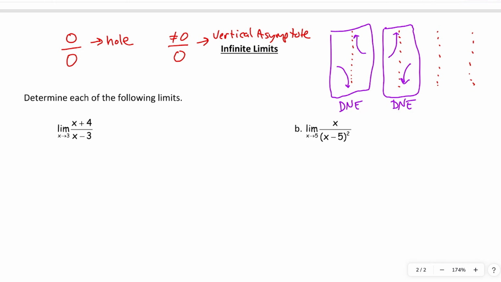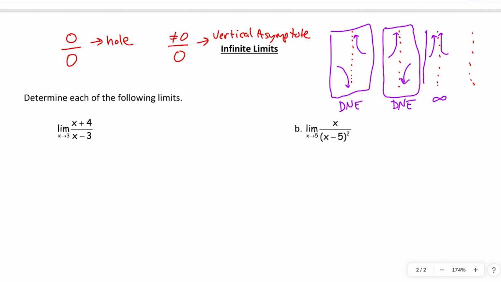But it is possible, like if you have 1 over x squared, for instance, on both sides of the asymptote, for the function to go up to infinity. And while it's true that the limit doesn't exist, in this case, I would want you to say it's actually going to infinity because it is going up on both sides.